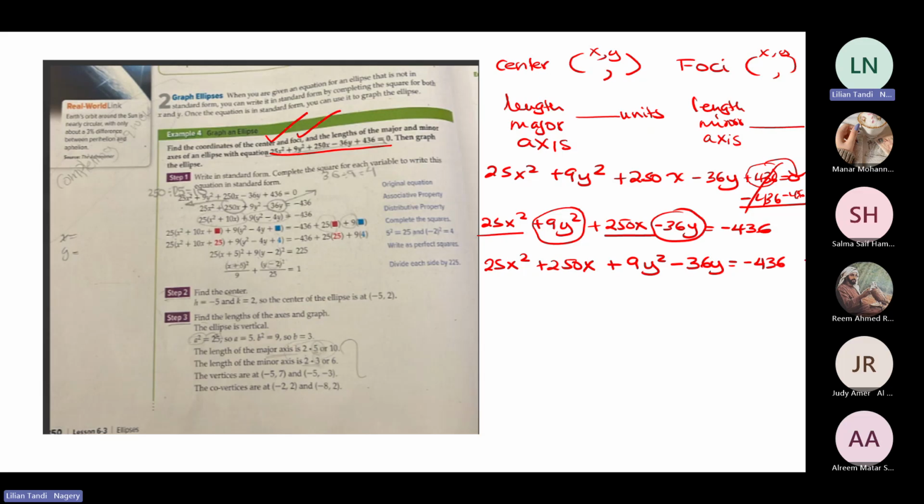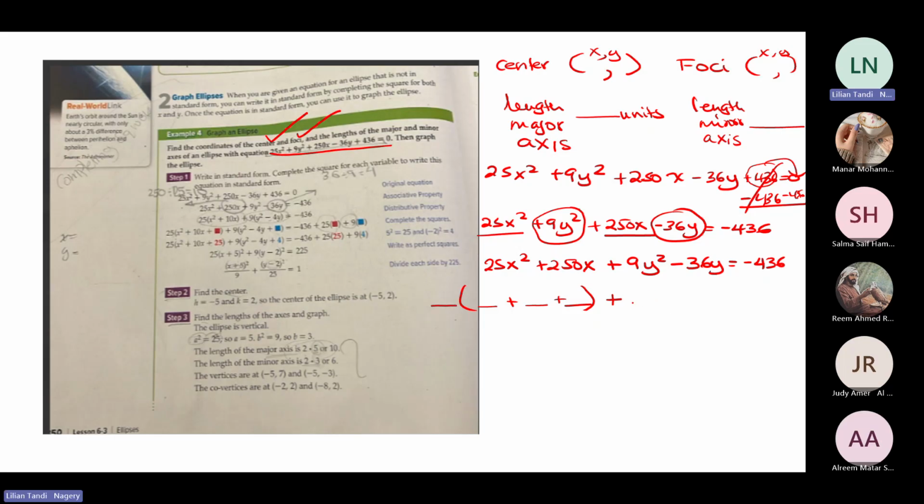Here, you should have 3 spaces: one, two, three. Is that clear? Plus, you should also have somebody here.